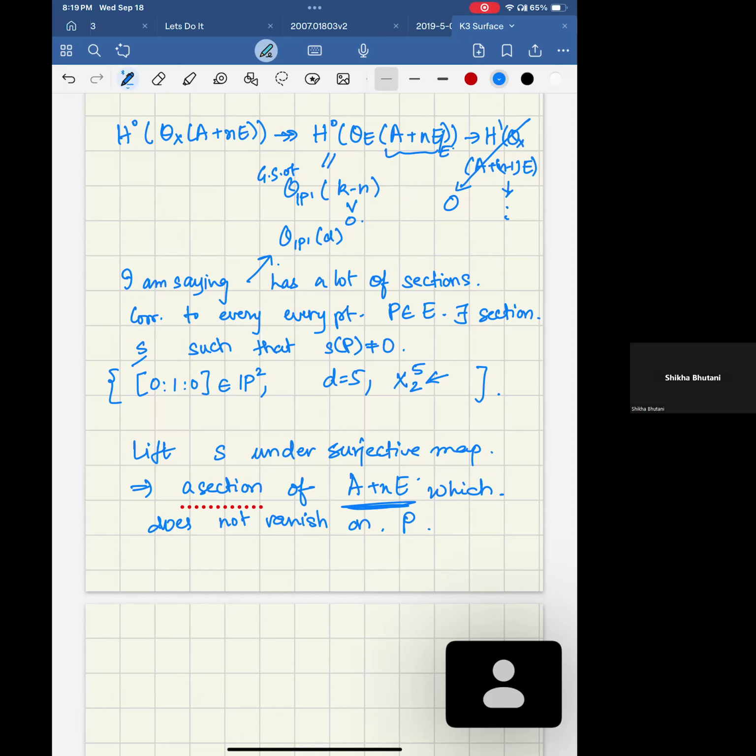So we have essentially found a divisor which does not pass through this point P.